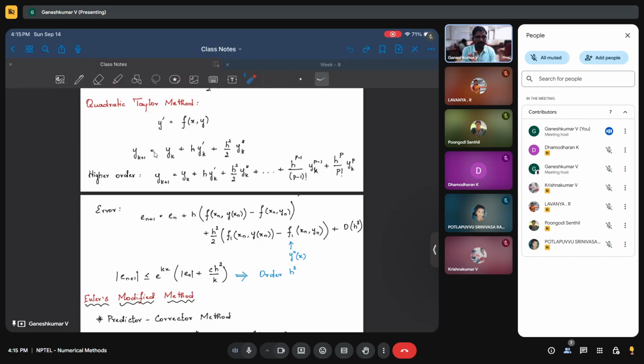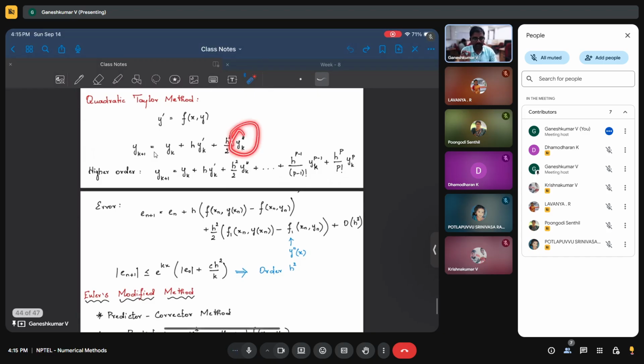Similarly, we can also go with higher order methods by including as high orders as possible. But the only drawback is you need to find these derivatives at each and every data point. Okay, so which means at x naught.